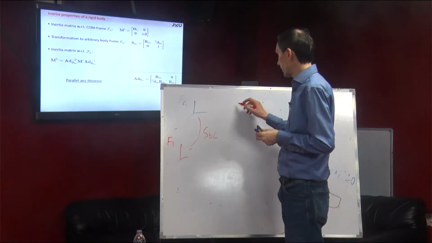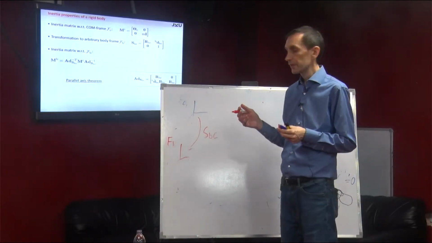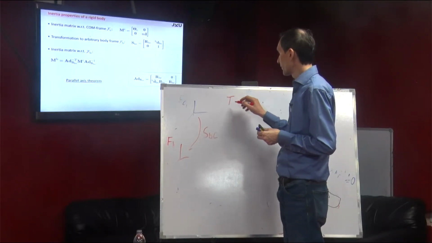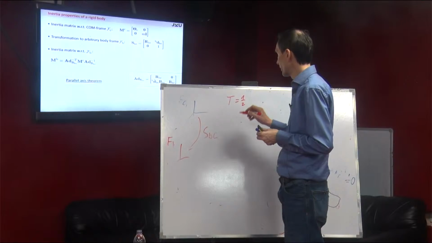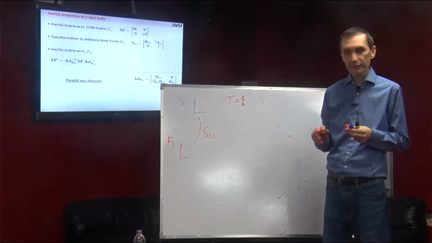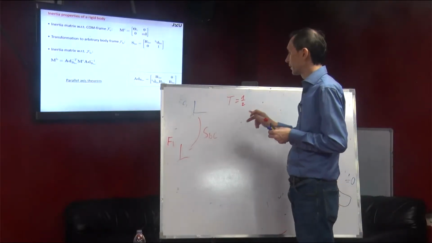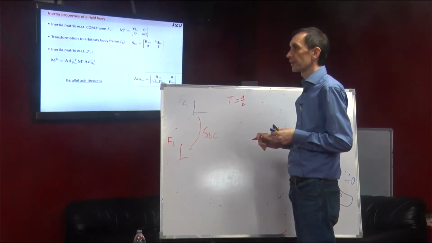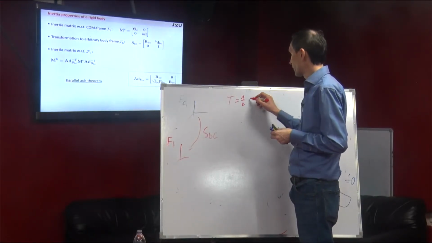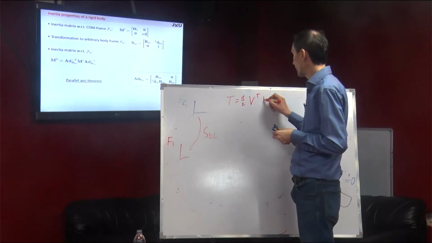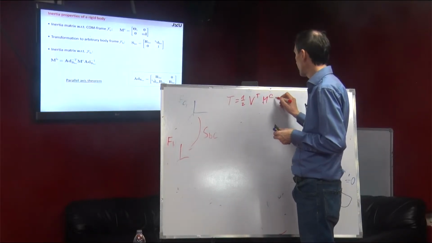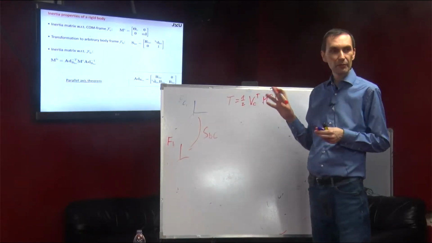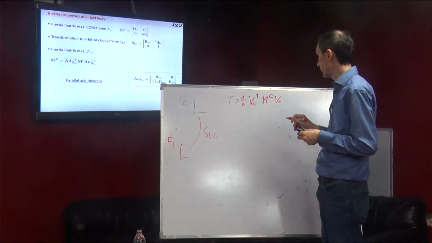So what can I say? It's all about velocities, right? Again, kinetic energy. And I would like to have the kinetic energy first in the center of mass frame, because this is where I know my inertial matrix. So it is V transposed times M_C times V. And now the V should also indicate this is the center of mass twist.